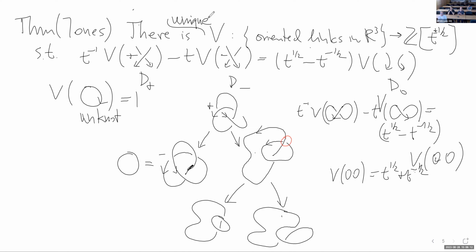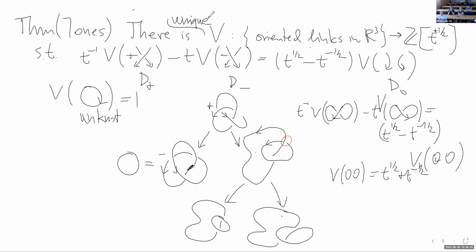Great. So the uniqueness is really simple. The existence is much harder. It's a much harder business to prove. But I'm going to talk about this. I'm going to prove the existence of that.